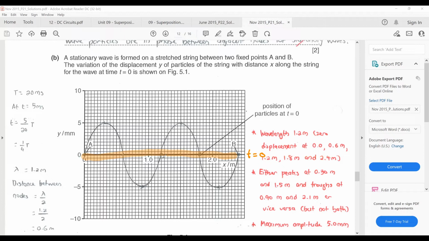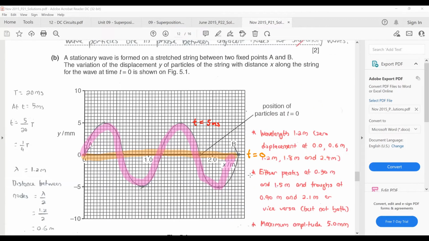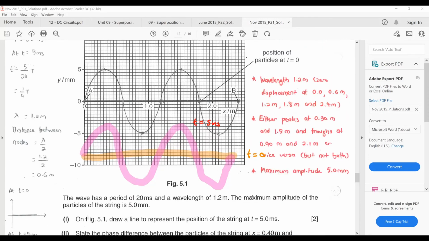The question is asking you to plot the graph for that same string with a stationary wave at t equals 5 milliseconds, which is actually going to be this one. Is it 5 milliseconds? Yeah, 5 milliseconds. So how do you do this?